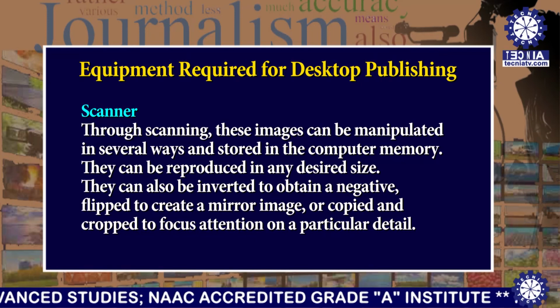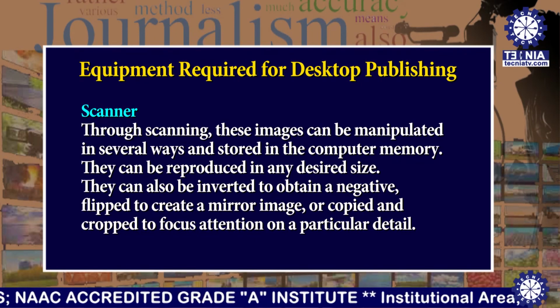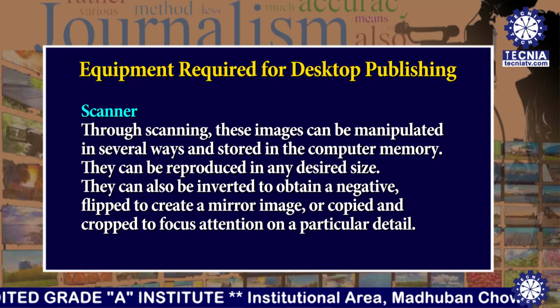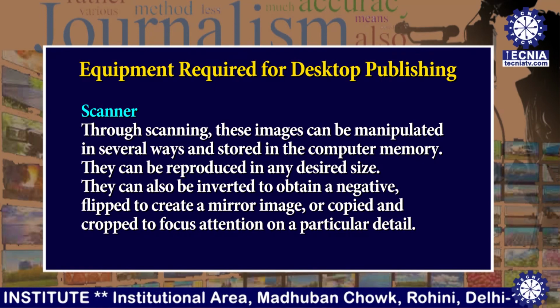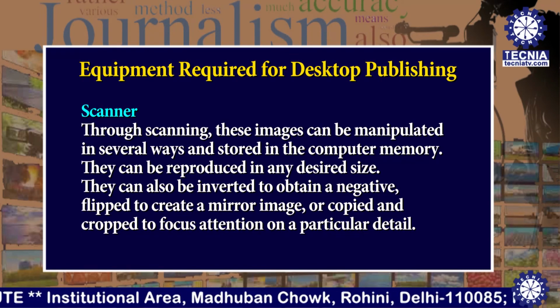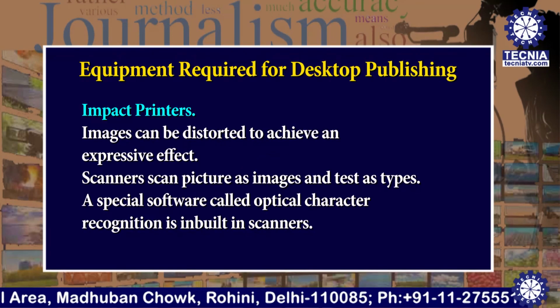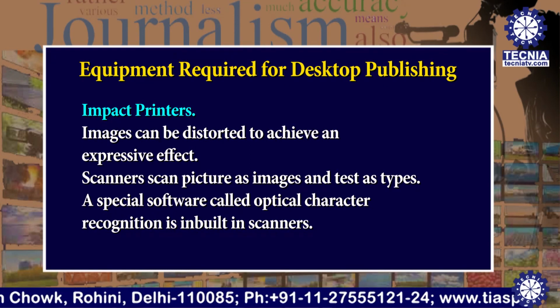They can be reproduced in any desired size. They can also be inverted to obtain a negative, flipped to create a mirror image, or copied and cropped to focus attention on particular details. Images can be distorted to achieve an expressive effect.